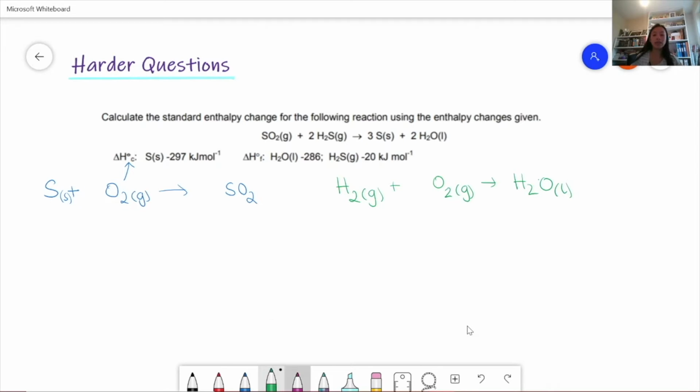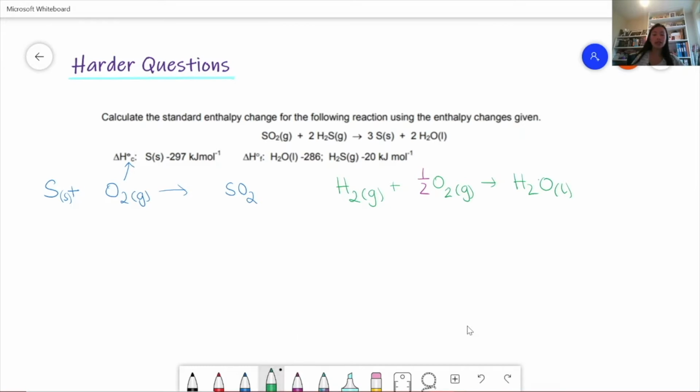And that means that we must have half of an oxygen because now it's balanced. You need to remember not to put any numbers before the water, because the whole point of the enthalpy change of formation is that 1 mole is formed. So if you change that, then it won't work.